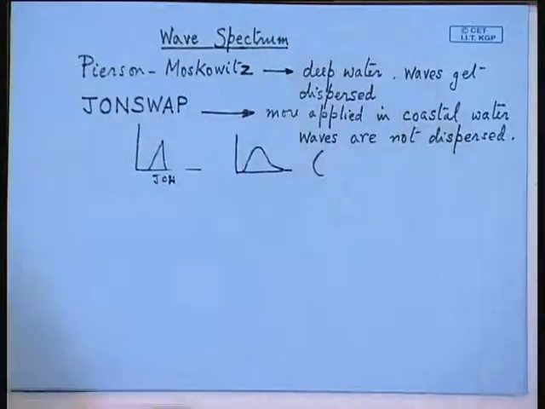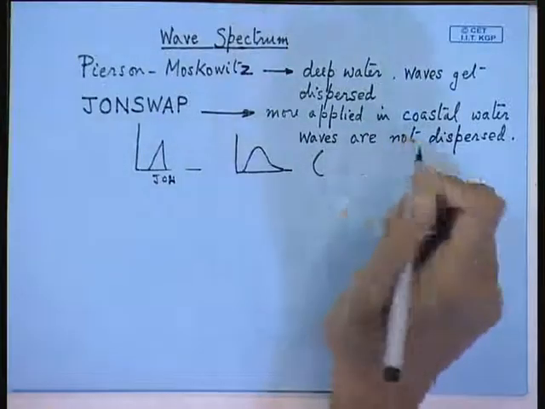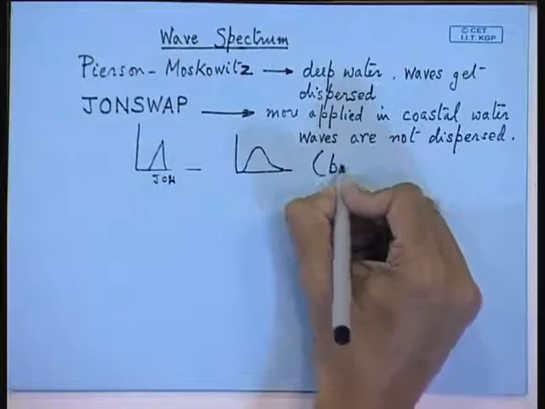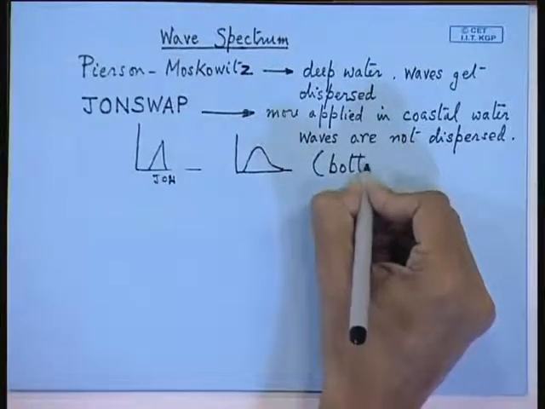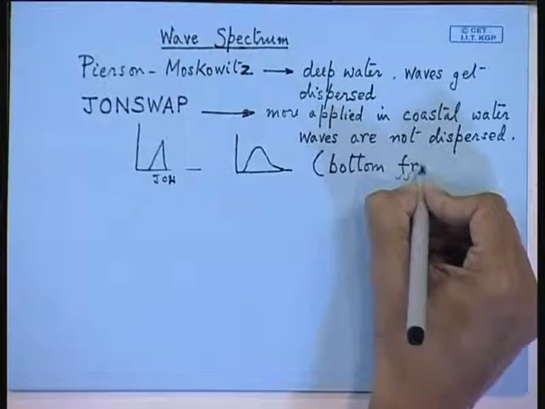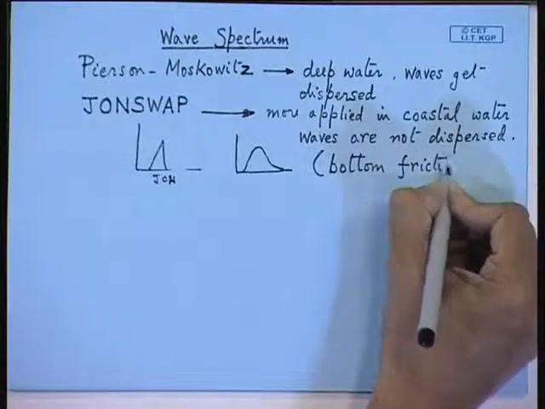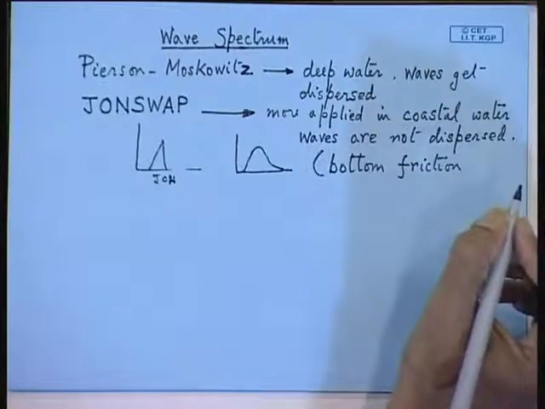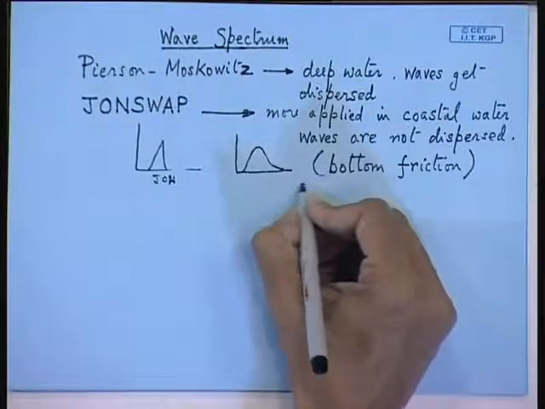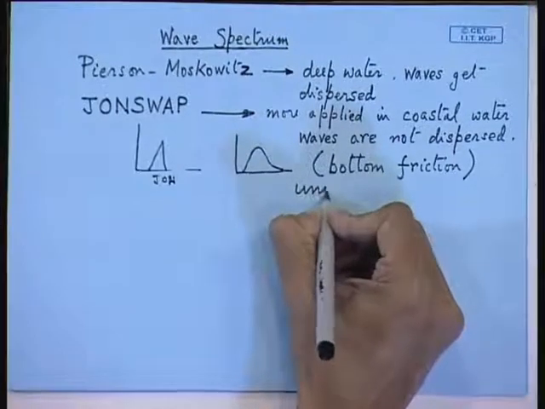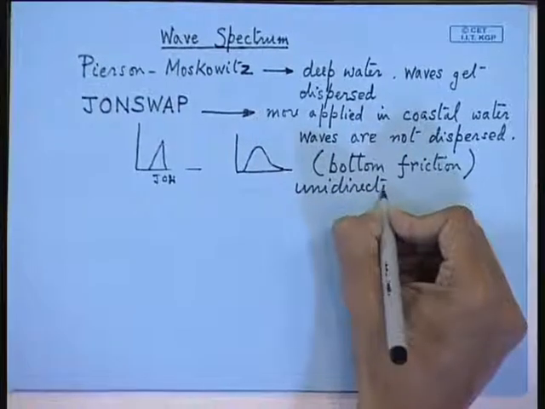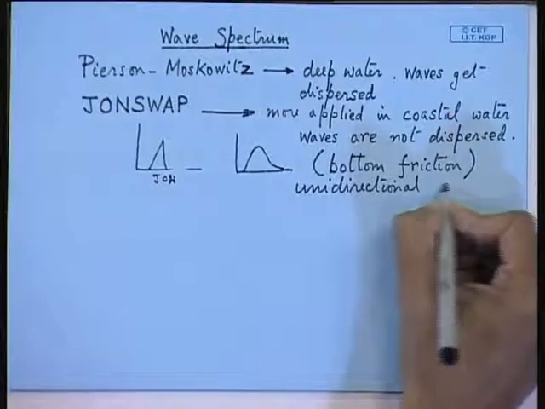Waves in shallow waters do not get dispersed to other frequencies because of bottom friction. So, in this case you apply a unidirectional spectra.